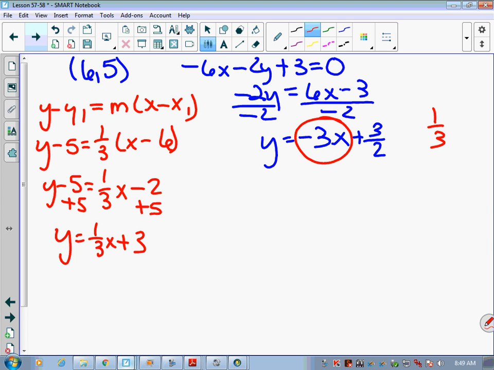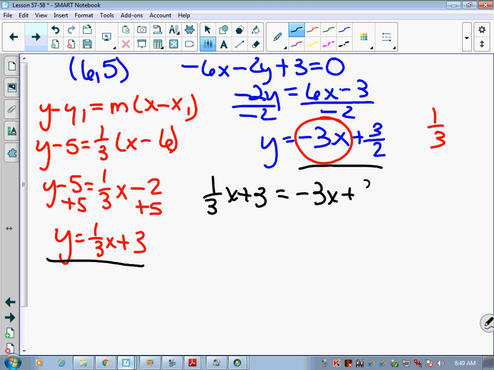Okay. So the first thing that we need to find is the coordinates where these two lines cross, right? And that's the solution of two linear equations, correct? So all I really have to do here is take this equation and this equation and set them equal to each other. So 1/3 x plus 3 should equal negative 3x plus 3/2.